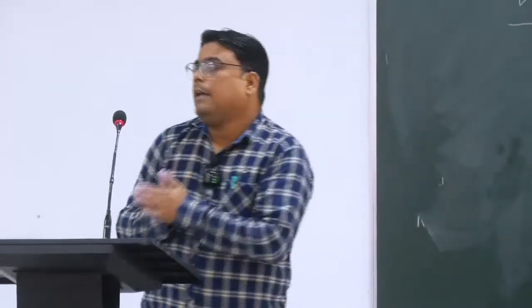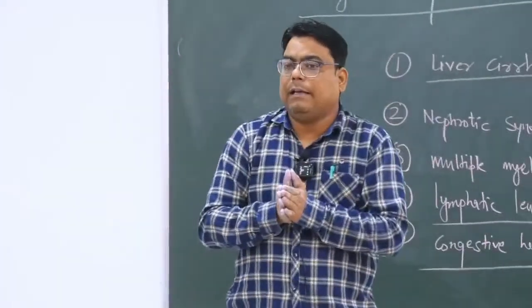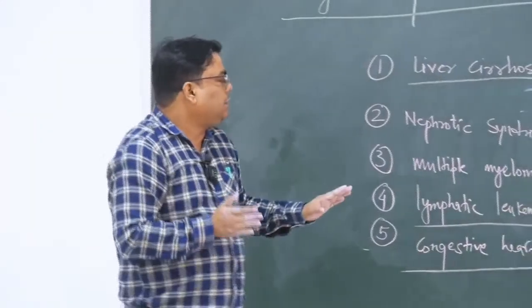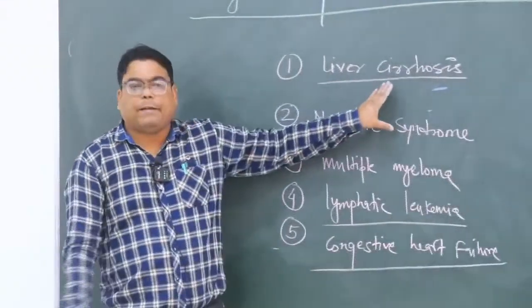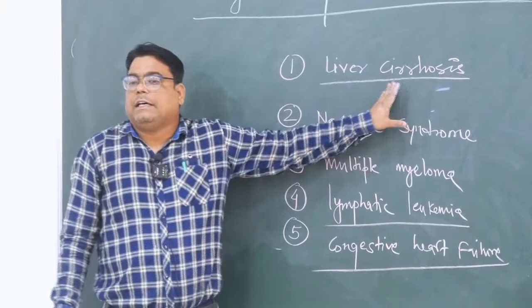But since the gamma globulins are produced by the plasma cells, their concentration will not be low in this disease. Very good, your answer is correct. In the liver cirrhosis, the AG ratio becomes reversed. AG ratio. Understand?